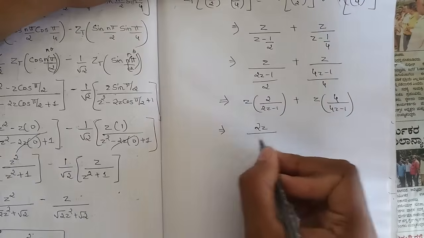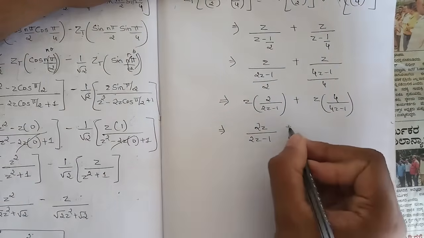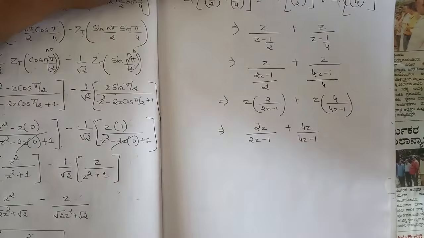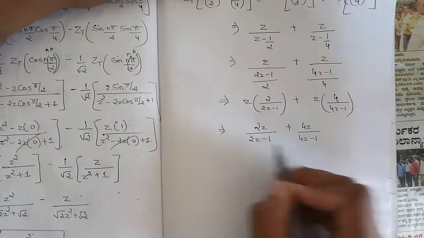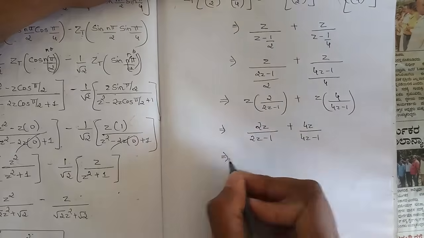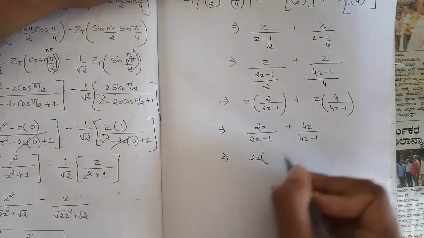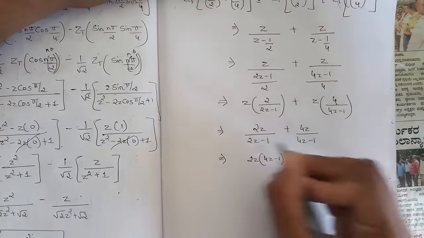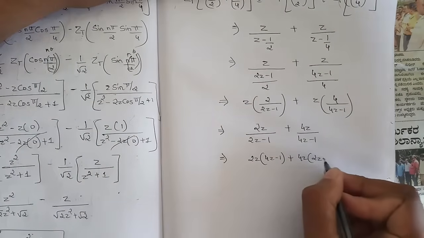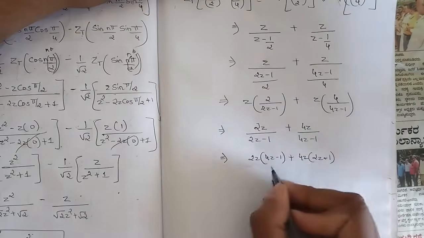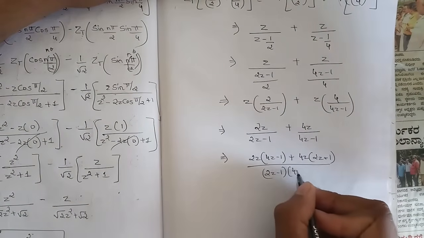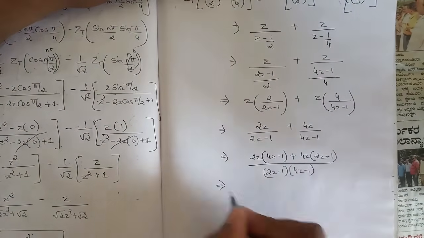2z, I multiplied it, 2z minus 1 plus 4z divided by 4z minus 1. Again we need to cross multiply this and take this common LCM. 2z into 4z minus 1 plus 4z into 2z minus 1. I have just cross multiplied. 2z minus 1 into 4z minus 1.